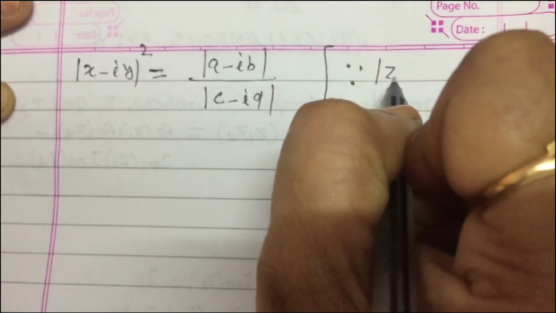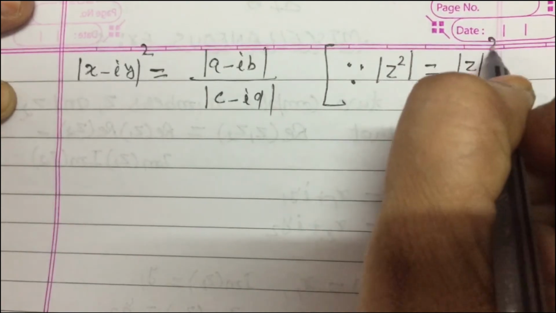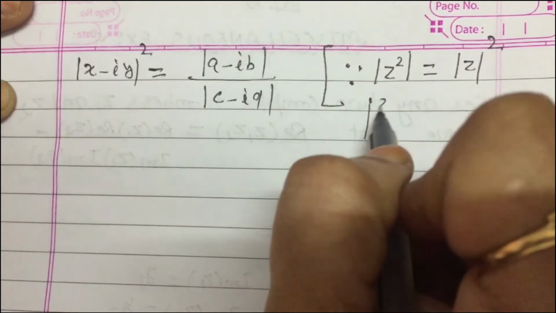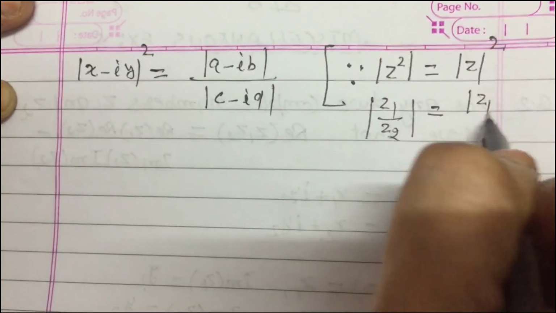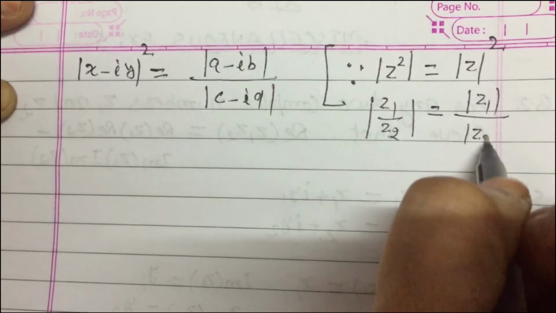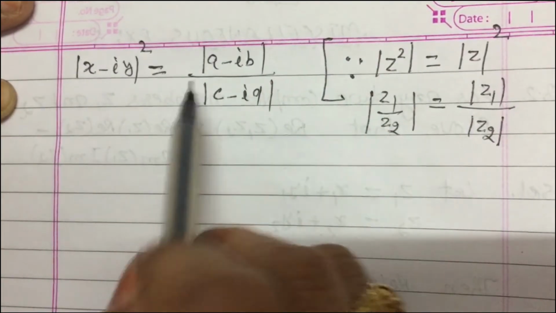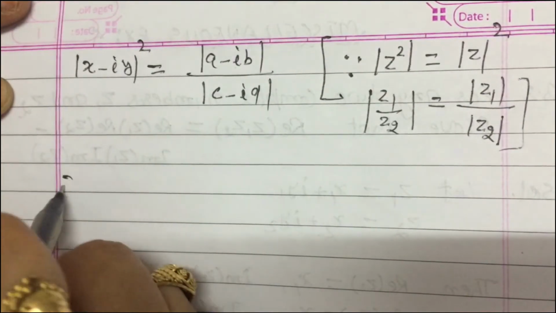Here mod of z square is mod of z whole square. And for the next, mod of z1 by z2 is equal to mod of z1 by mod of z2. So we have applied these two properties in this step. Okay, and now solve it.